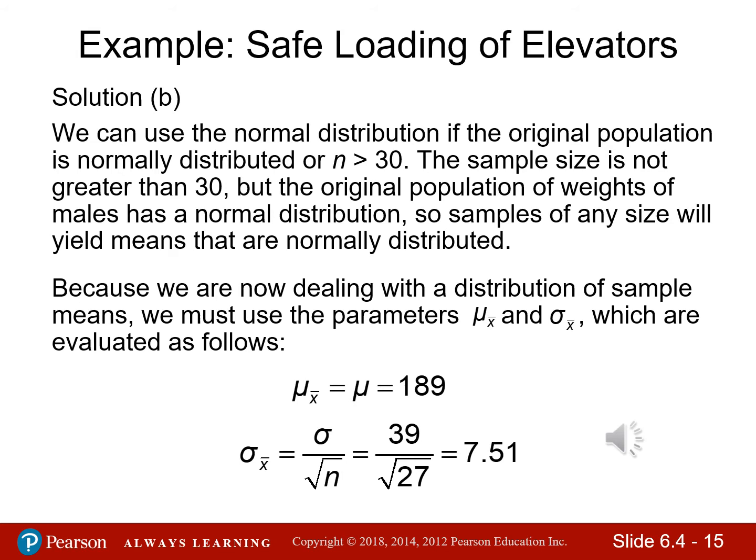Because we are now dealing with the distribution of sample means, we must use the parameters mu of x bar and sigma of x bar, which are evaluated as follows. Mu of x bar is equal to the population mean, which is equal to 189 pounds, and sigma of x bar is equal to sigma divided by the square root of n, which is equal to 39 divided by the square root of 27, and that equals 7.51.